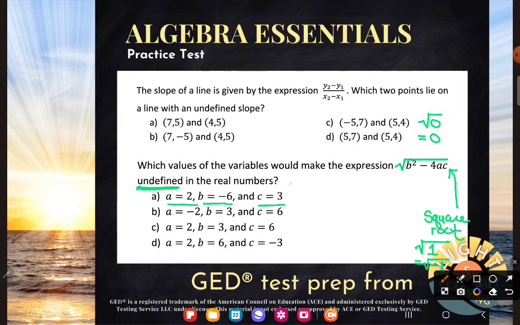So let's plug into this expression here, b squared minus 4ac. The main thing you need to watch out for is when you square negatives. This is what most of you do wrong. It's probably what you did wrong if you're here on this video with me.